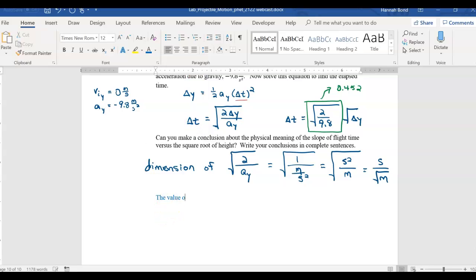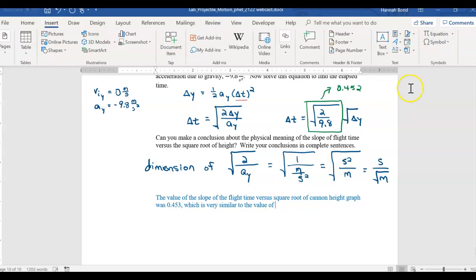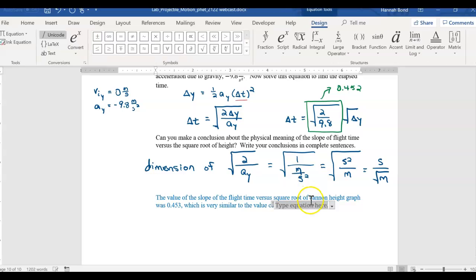The value of the slope of the flight time versus square root of cannon height graph was 0.453, which is very similar to the value of the square root of 2 divided by g.